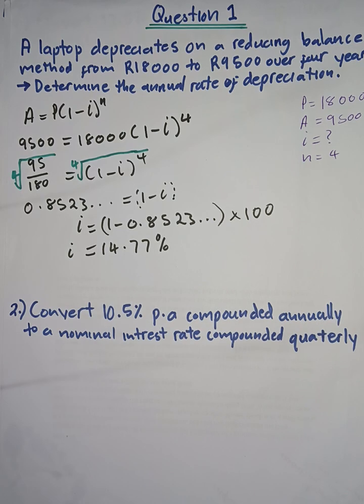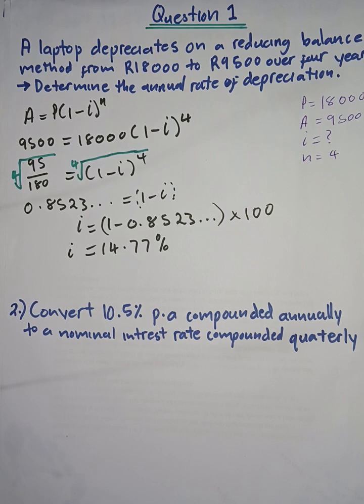14.77%. Now, question 2, they say convert 10.5 percent per annum compounded annually to a nominal interest rate compounded quarterly. Now let's just go back a little bit. In grade 11, you learned that we have two types of interest rate.